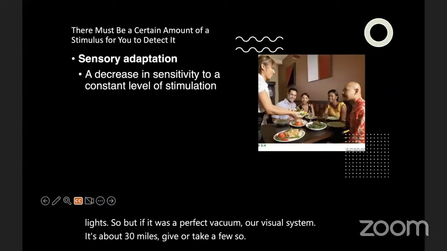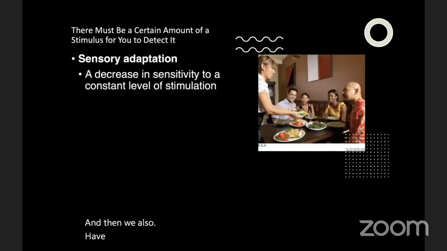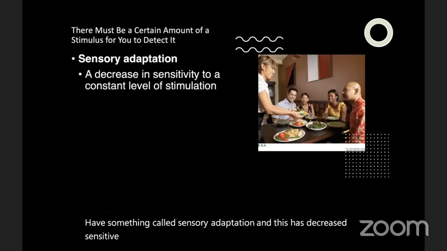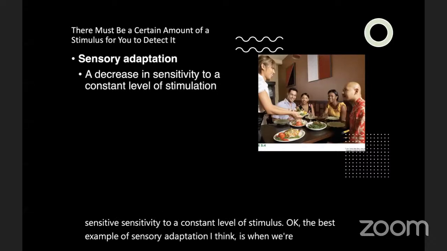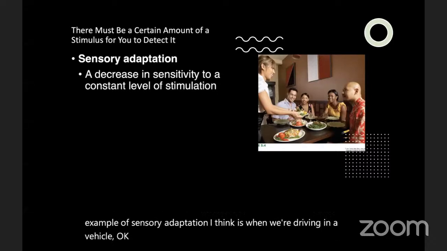And then we also have something called sensory adaptation, and this is decreased sensitivity to a constant level of stimulus, okay? The best example of sensory adaptation, I think, is when we're driving in a vehicle, okay? A lot of, especially long-haul truck drivers tend to develop hearing problems.